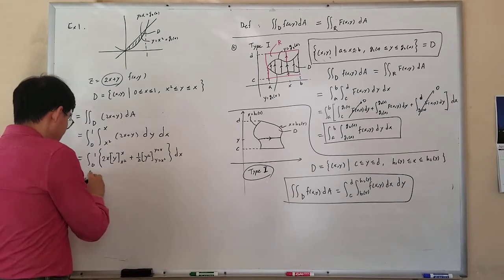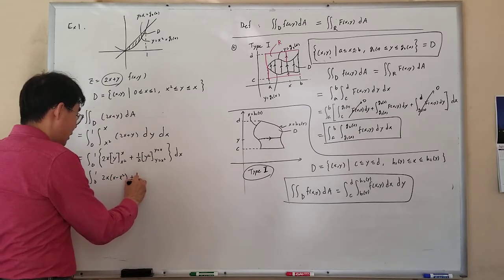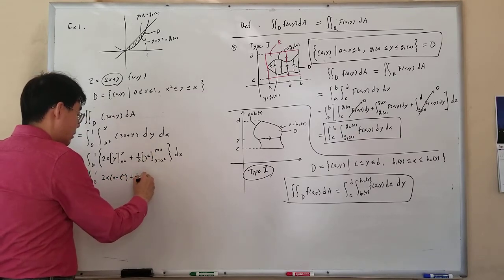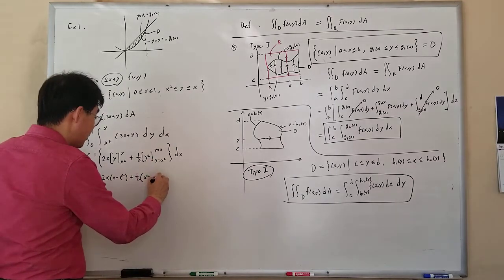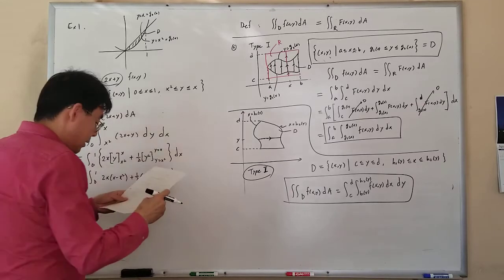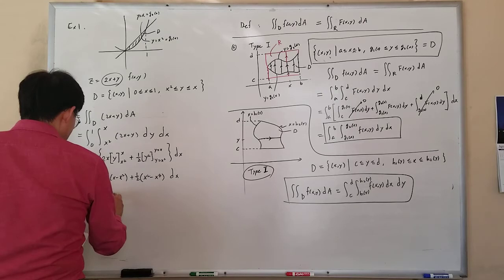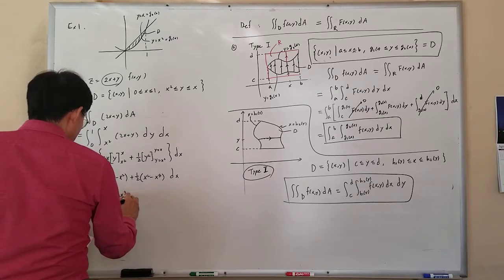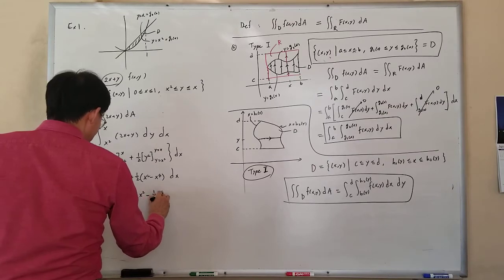Then you get what? 2x times x minus x squared, plus 1/2 x squared minus x squared squared, so x to the 4th. In the end, you're going to get 2x squared minus 2x cubed, 1/2 of x squared minus 1/2 of x to the 4th.